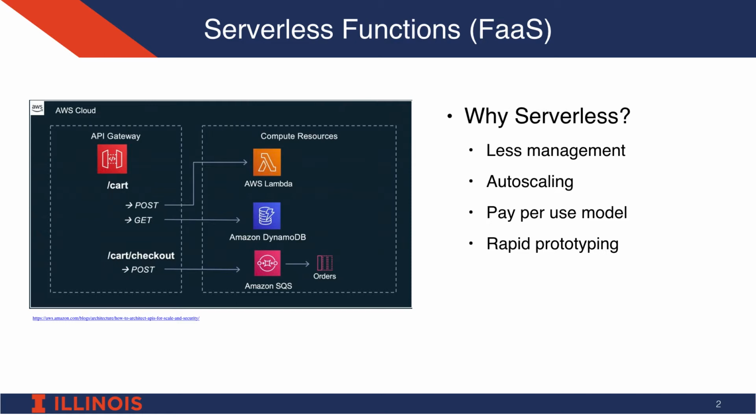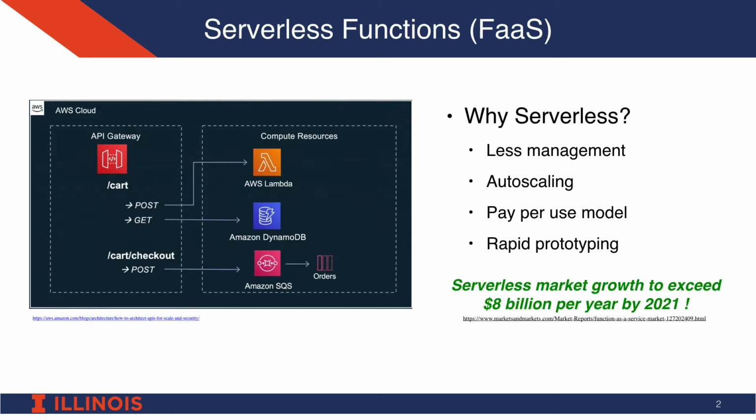Moreover, the pay-per-use model allows tenants to only pay for the computing cycles the function executes for. Also, the serverless ecosystem enables rapid prototyping of applications, allowing tenants to use purpose-built functions from public markets or license-based functions or third-party dependencies in their custom function code. Consequently, the serverless market's growth is expected to exceed $8 billion per year by 2021.